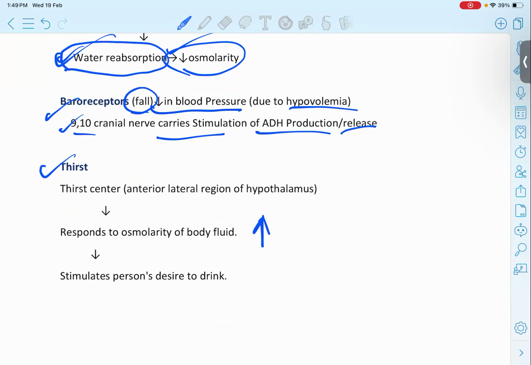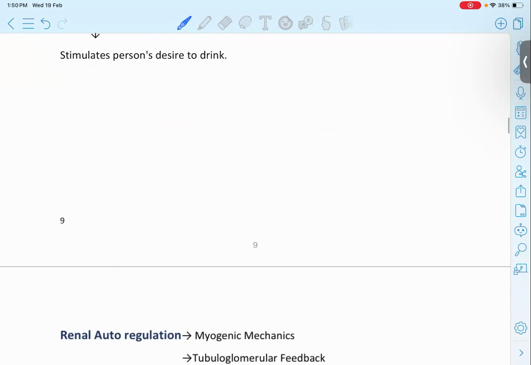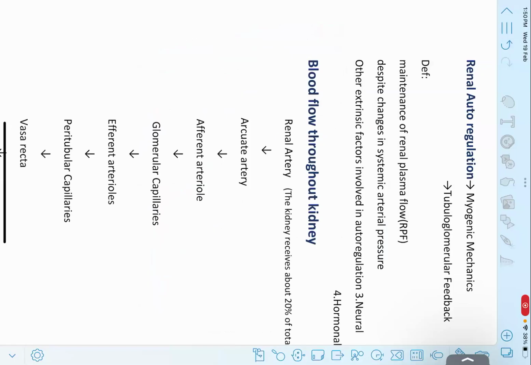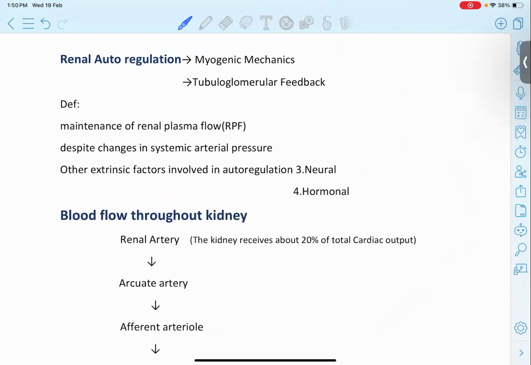That would stimulate the thirst center, and we will become thirsty and look for water. When we drink water, the body water volume will increase and osmolarity will balance. So these are called regulatory mechanisms for plasma osmolarity.